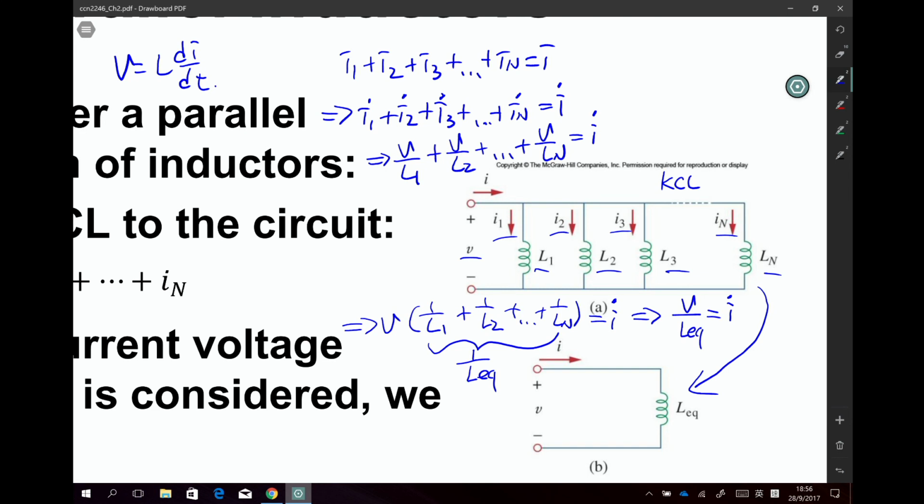If you look at the equation carefully, you find that you are using the parallel resistor network calculation here, so it is nothing new to you. You do the same thing when the inductors are connected in parallel: you use the resistor network calculation, and then you can reduce the parallel network into a single inductor.